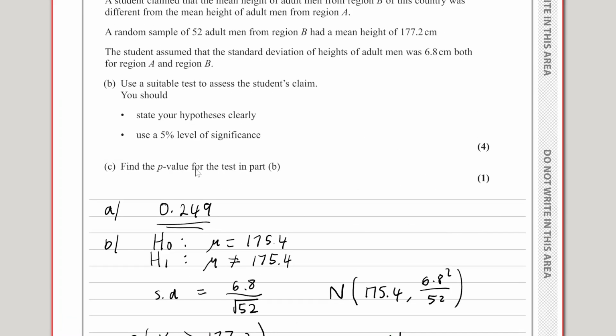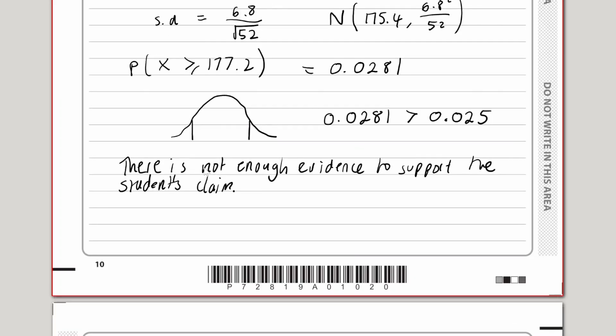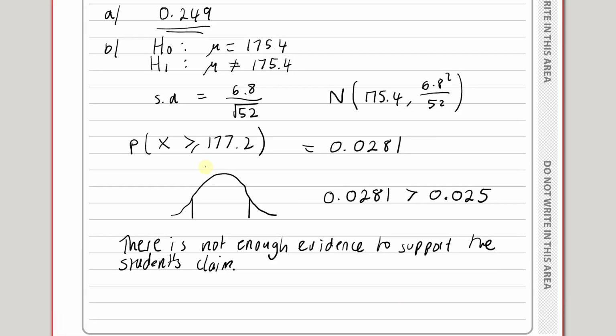And part C, find the p-value for this test in part B. So what is the probability of getting the result we got? Set 177.2. So the chance, this side we had 2.81%.